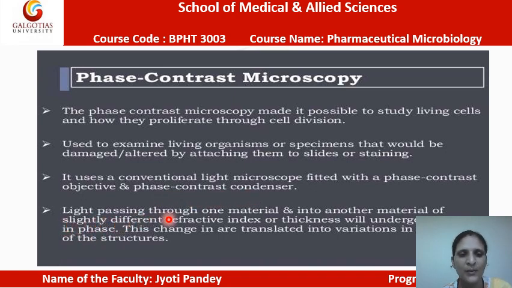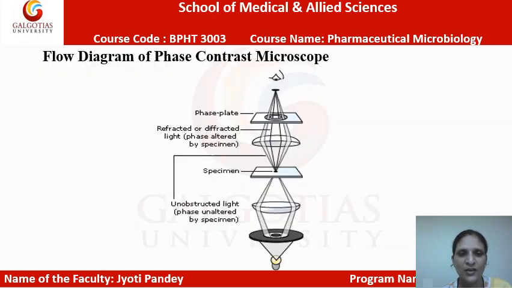Light passing through one material and into another material of slightly different refractive index or thickness will undergo a change, which is visualized in the phase contrast microscope. This change and variation of structure is easily differentiated with the help of the phase contrast microscope.